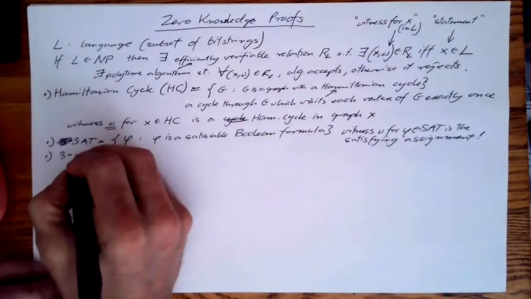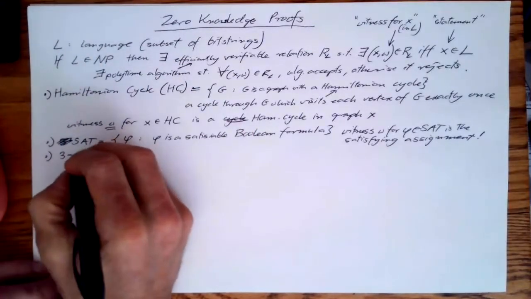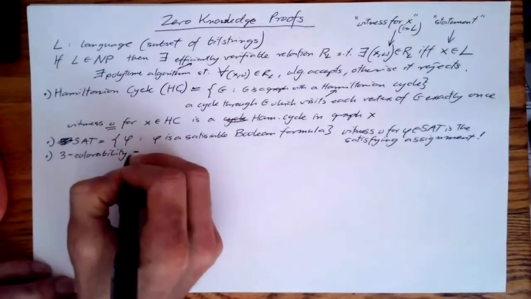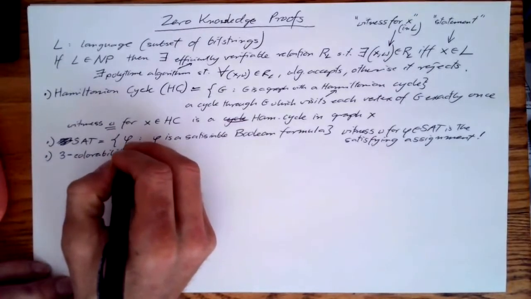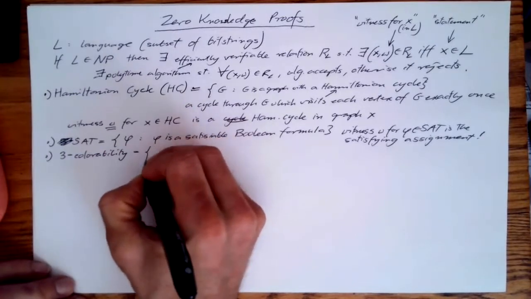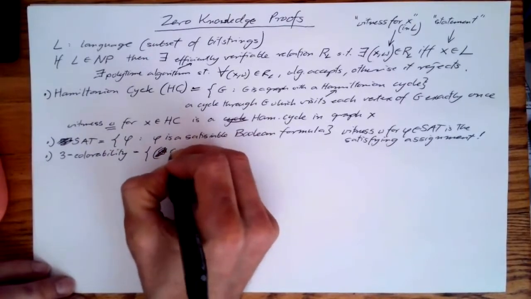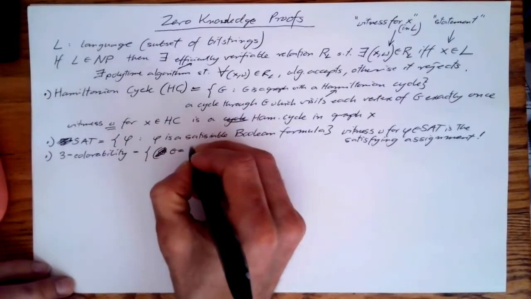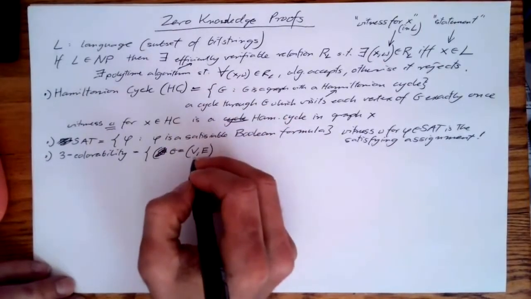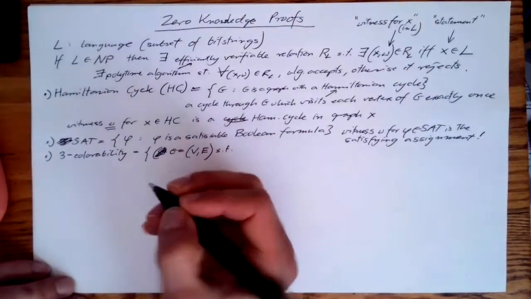we might see later when we show constructions for zero knowledge proofs is 3-colorability. So this is a set of graphs, which are sets of vertices and edges, same as here, of course, such that, so what is 3-colorability?